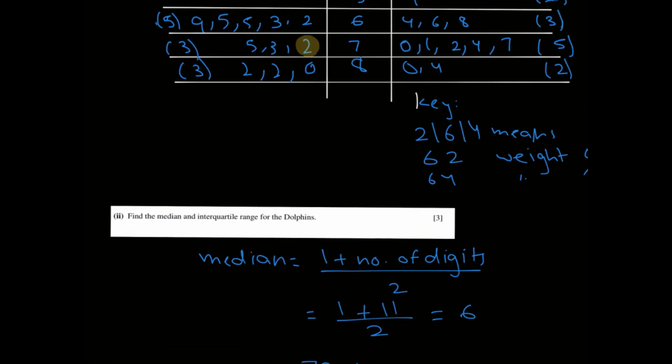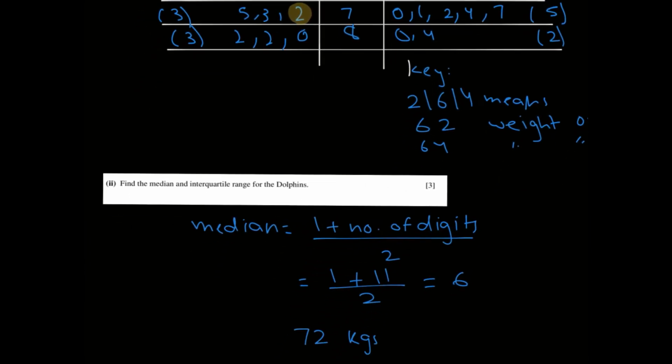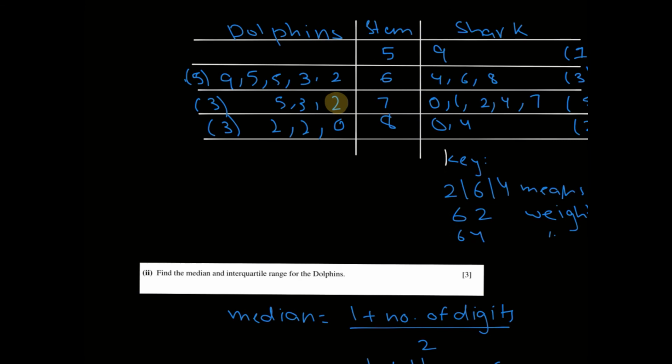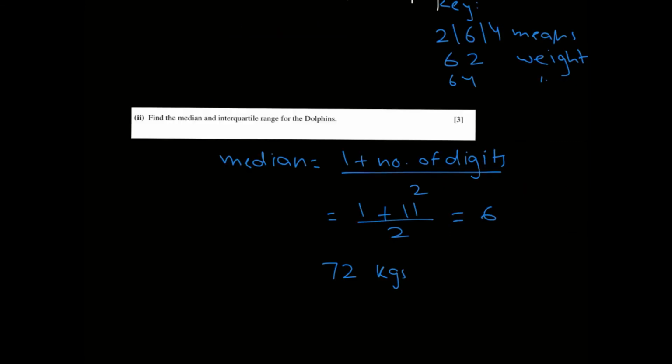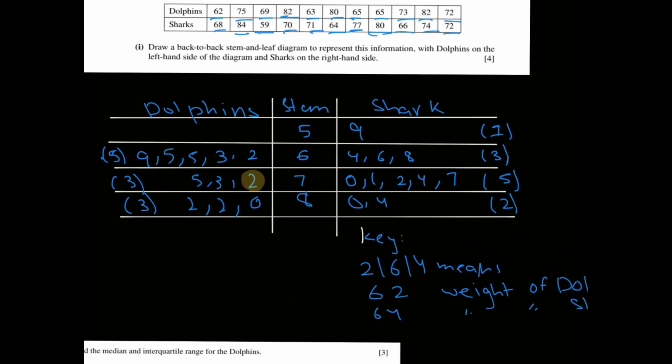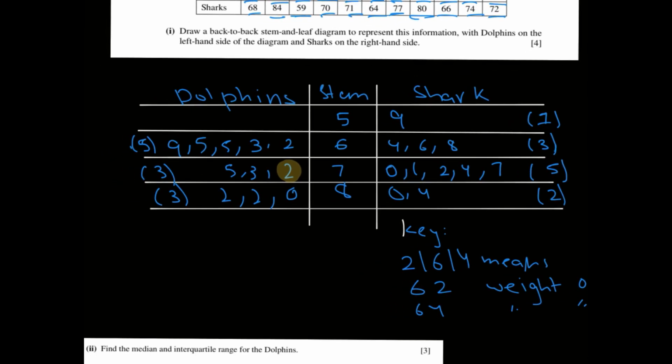Then they ask us about the interquartile range. For the interquartile range, we consider values that are either more than the median or less than the median. For upper quartile, we consider values that are more than the median, and for lower quartile, we consider values that are less than the median. There are 5 values above the median.